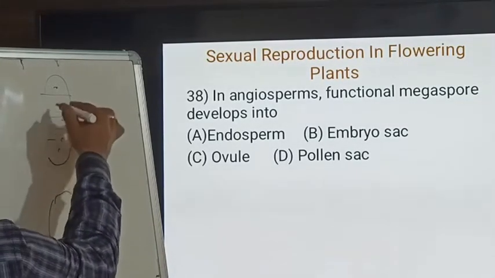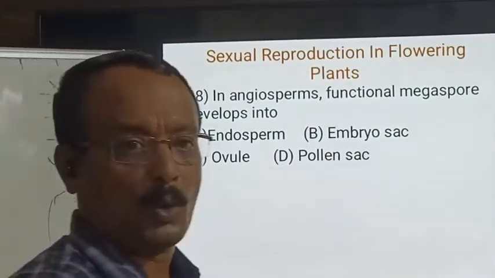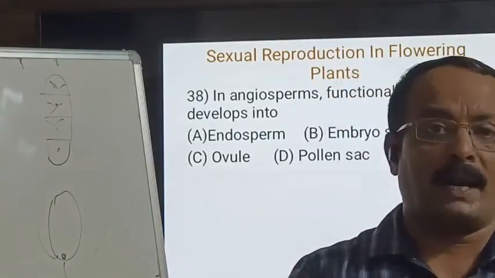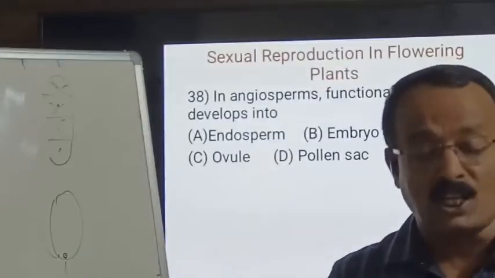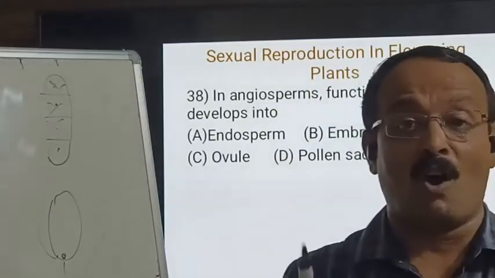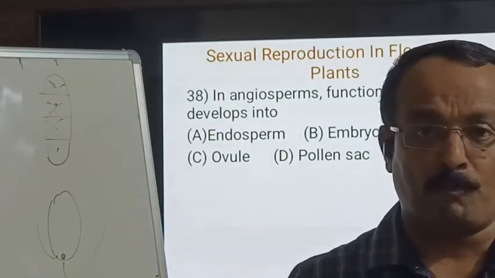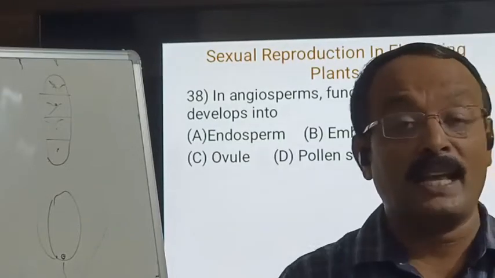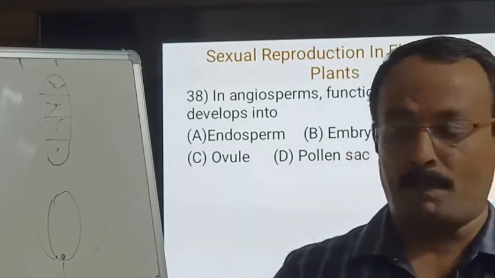3 will degenerate. Only 1 will become the functional megaspore, and this functional megaspore gives rise to the female gametophyte, what we call the embryo sac. Because the embryo sac is developed from a single functional megaspore, this development is also called monosporic development.